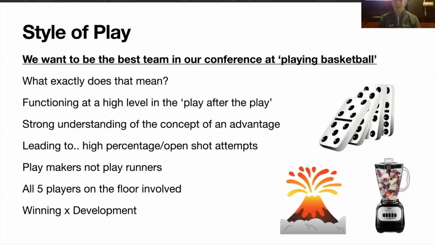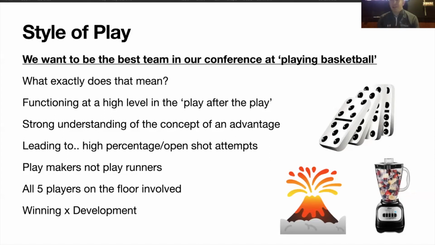We have the concept that we want to have playmakers and not play runners. So as I go through the next piece, we have a motion offense. It's a bit of a hybrid of some different systems, and the keys are completely with the players. We can definitely give some triggers or some words or constraints to what we want them to run, but ultimately it's what the players are doing and how they're doing it.